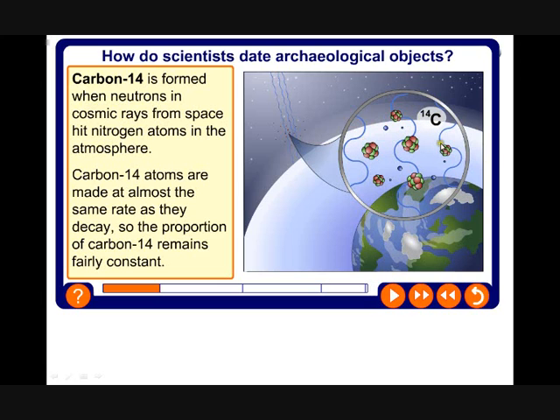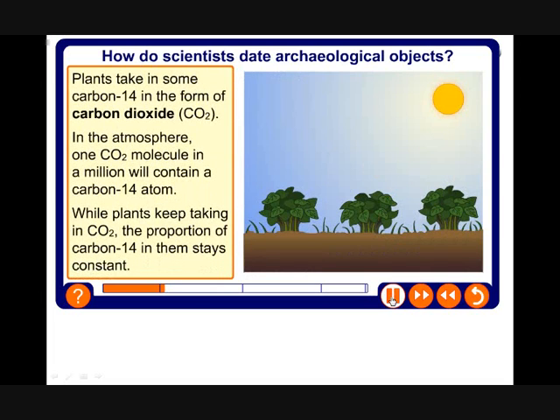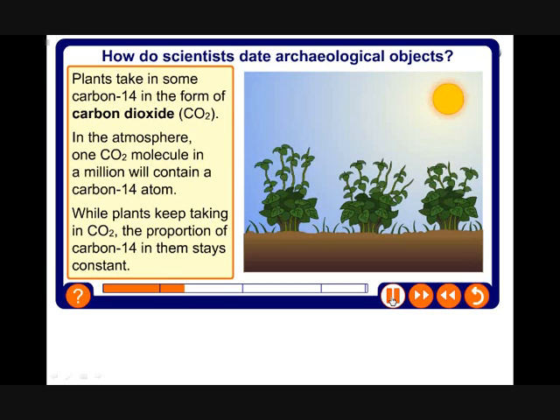They're made at the same rate, so you've got naturally a proportion of carbon-14 and a proportion of carbon-12, and this remains fairly constant. Now what happens next is that any carbon tends to end up as carbon dioxide, and from our biology we know that any living plants take in carbon dioxide.